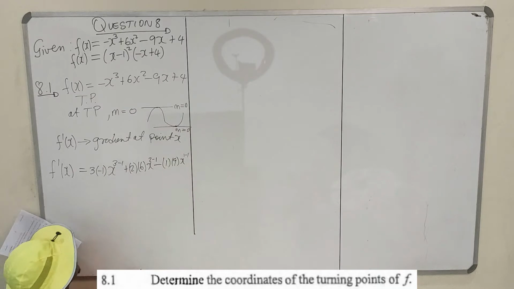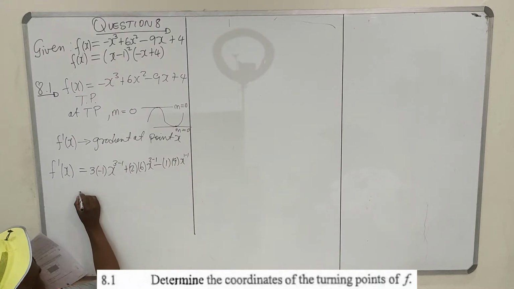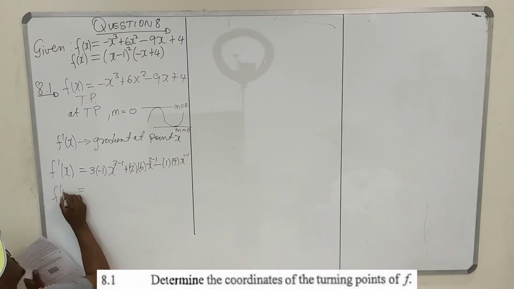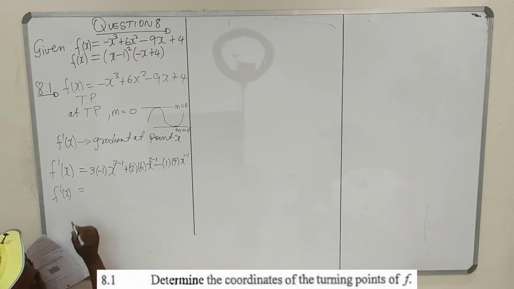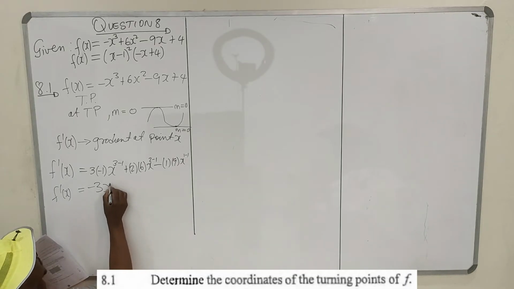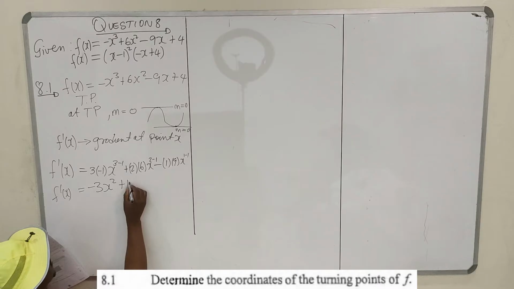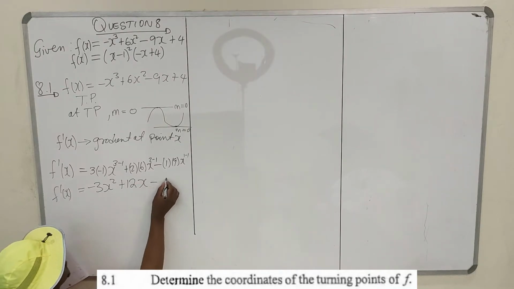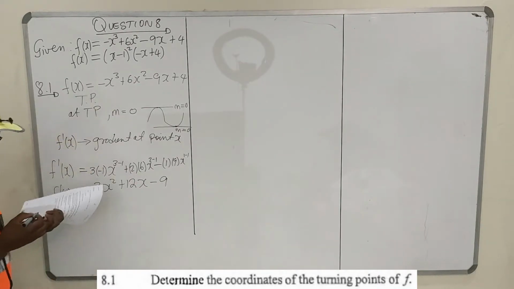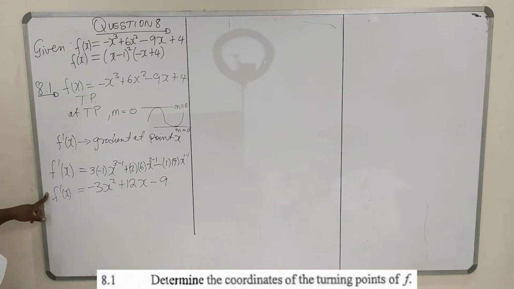Then the derivative of a constant is 0. So we have f prime, which is the derivative of f with respect to x, equal to minus 3x squared plus 12x minus 9. So this is the derivative of f.